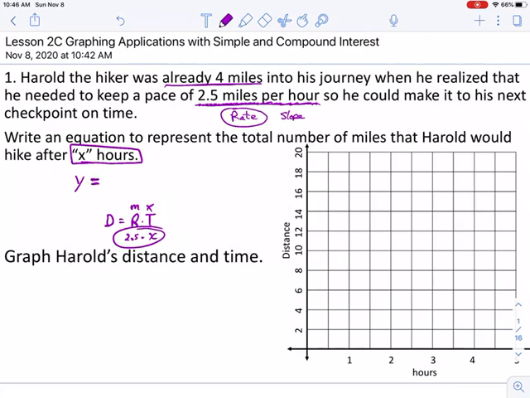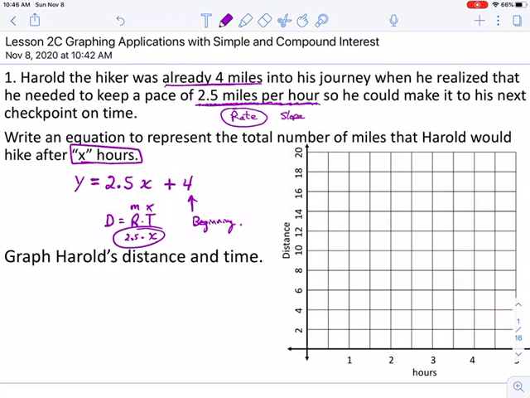So we have Y equals the M, the rate, 2.5 miles per hour for X hours, but that adds on to the number of miles he already hiked, which was 4 miles. So this 4 was the beginning of refiguring out his rate that he had to hike.